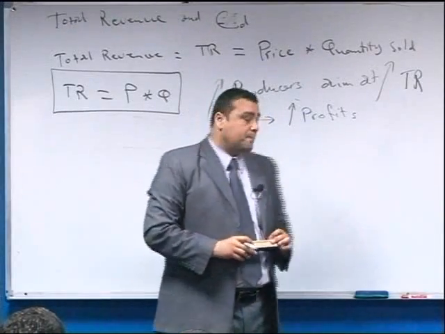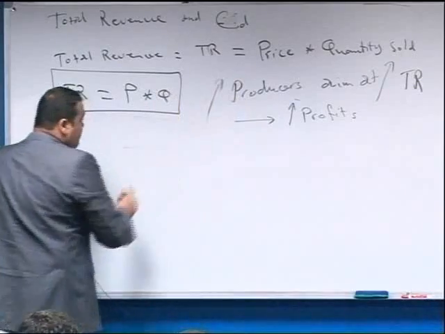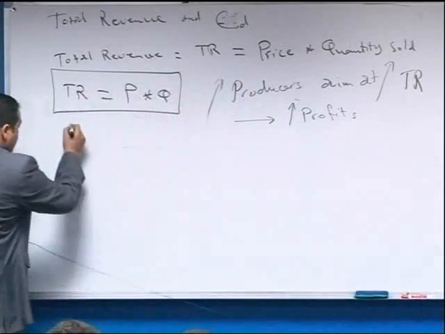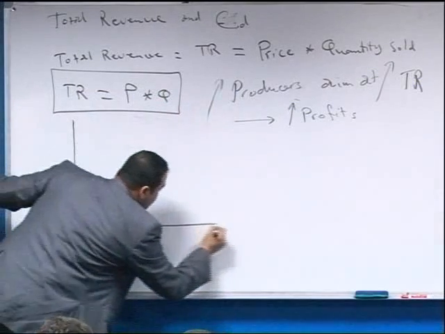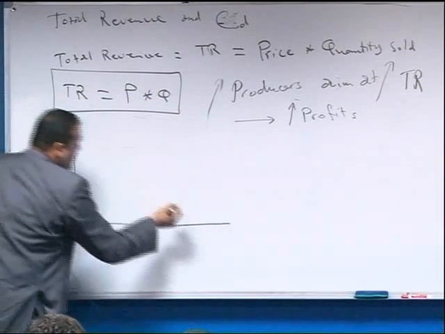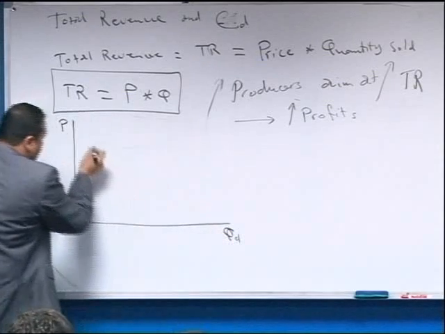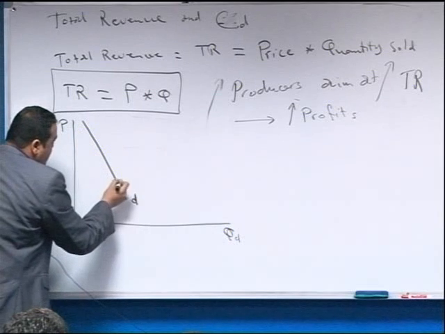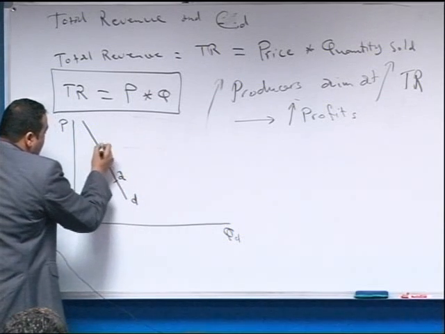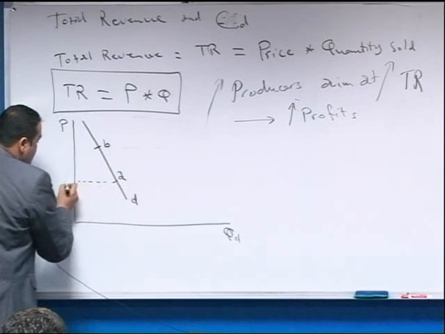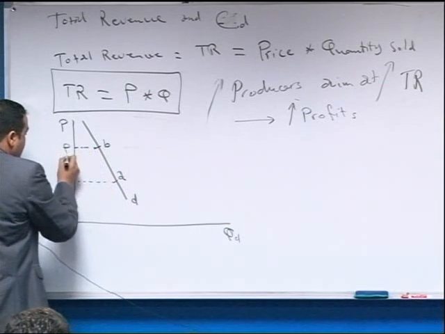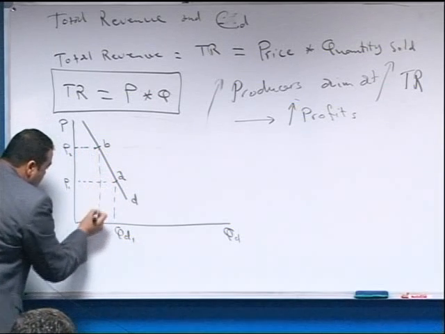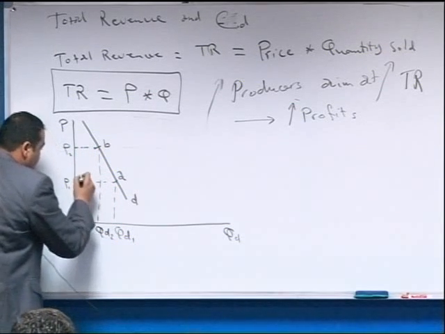The question is, when the demand is inelastic, the price, quantity demanded, and this is the inelastic demand curve. This is point A, point B. This is price 1, price 2, QD1, QD2.